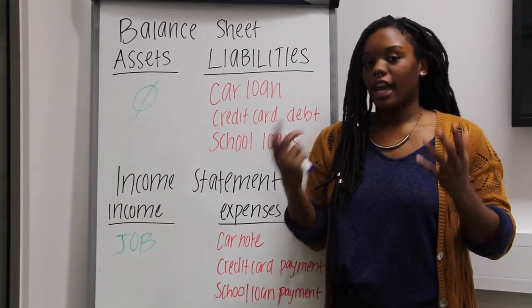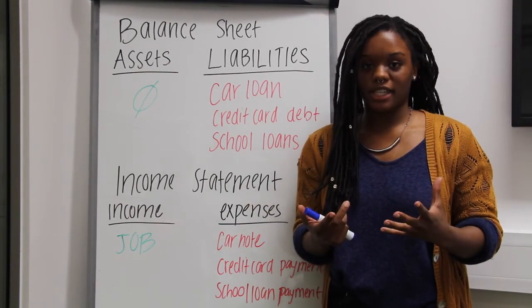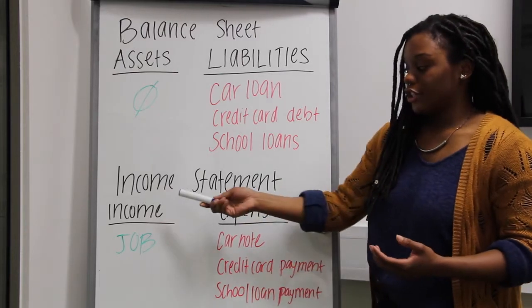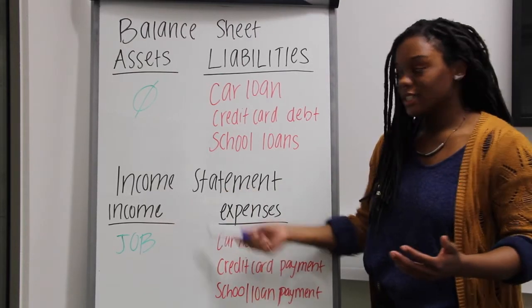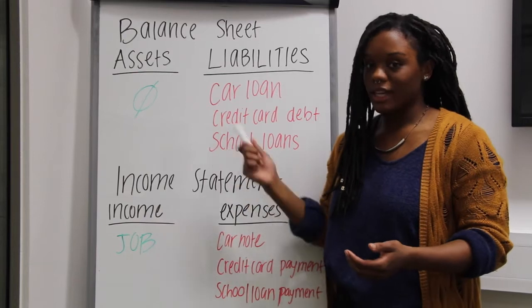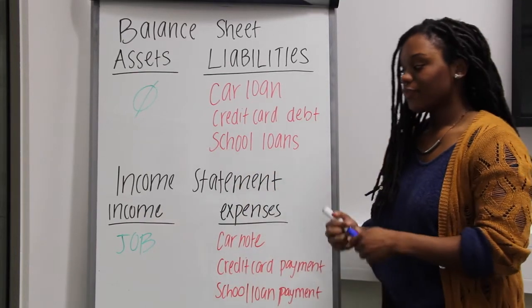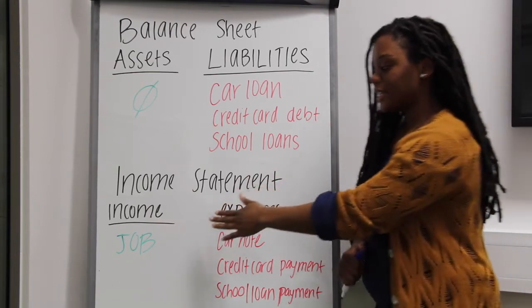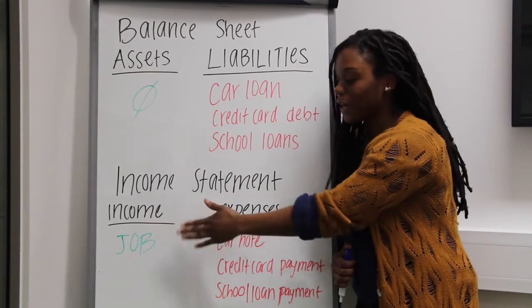So first of all, cash flow is basically a way of saying how your money is being spent. So is your income going to expenses? Is it going into assets, or is it going into liabilities? So looking at this, like I said, you have an income. My income is my job.